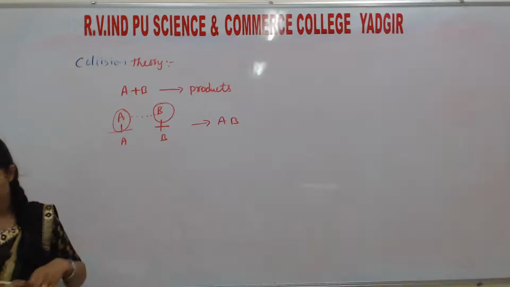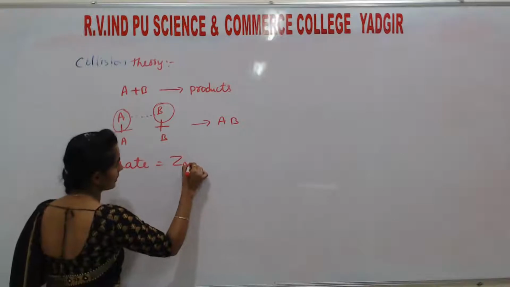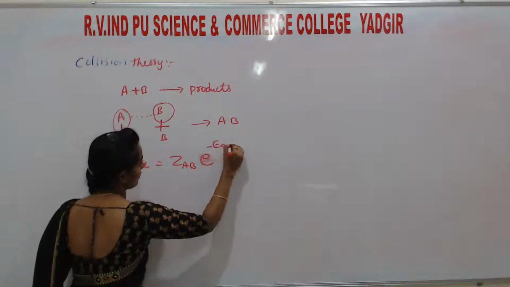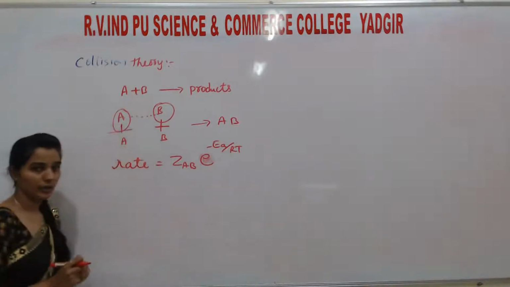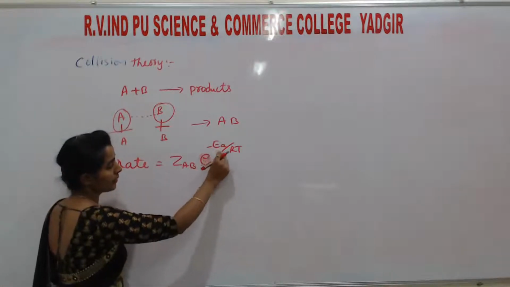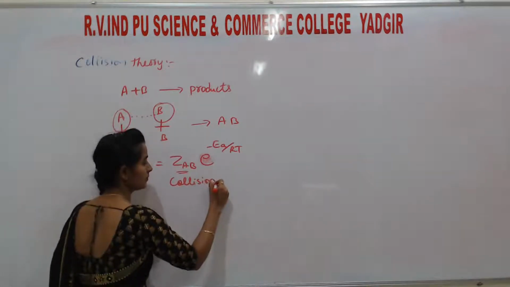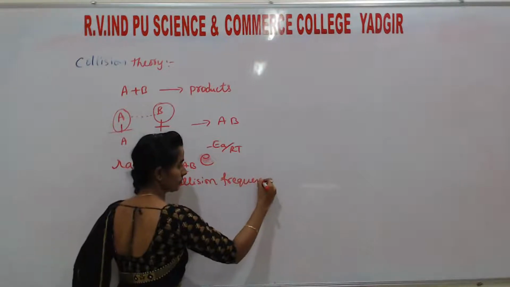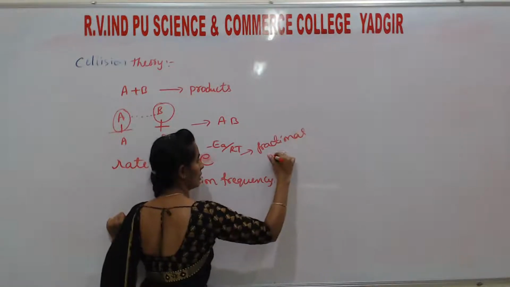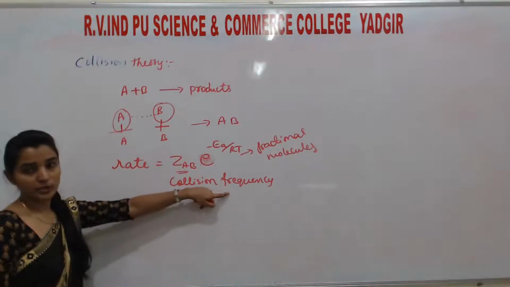This collision is explained by the equation: rate is equal to Z_AB e to the power of minus Ea divided by RT. Here Z_AB is the collision frequency, and the exponential term is the fraction of molecules with sufficient energy.